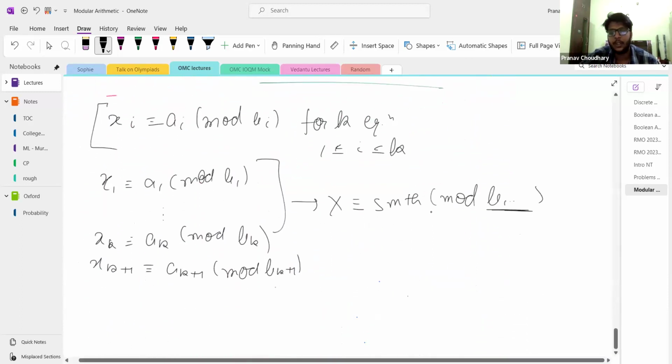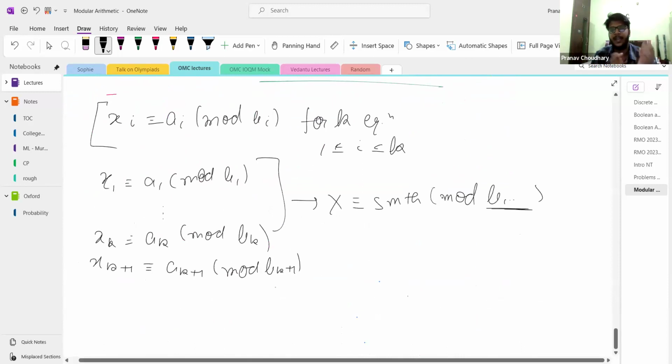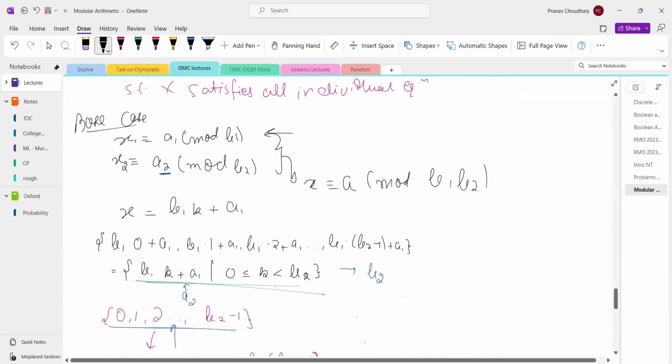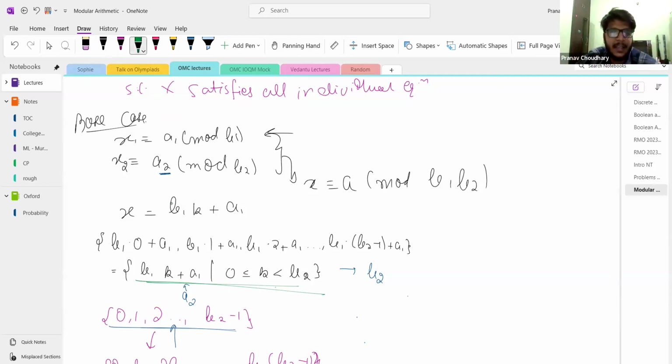But here you need that co-prime thing, so we have to work further in the base case. Since b(k+1) is co-prime to all of b1, b2, up to bk, and all of them are pairwise co-prime, then b(k+1) will be co-prime to b1 times b2 all the way to bk. Yeah, that's the correct thing.